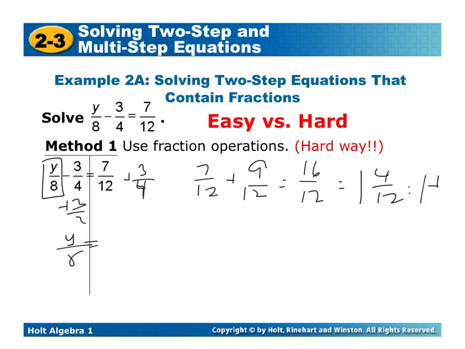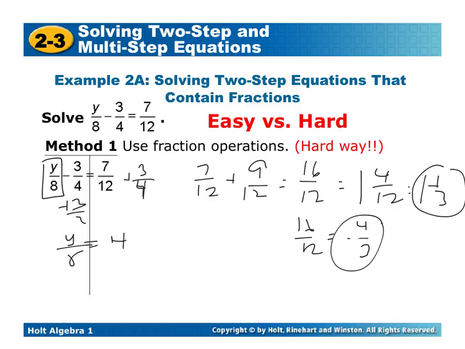So it'll be 1 and 1/3. 16/12 would reduce by dividing by 4: 4 over 3, so this would be 1 and 1/3.